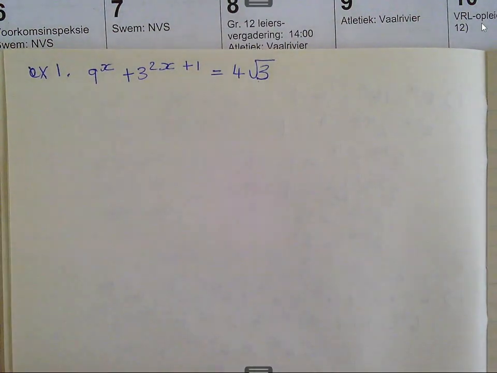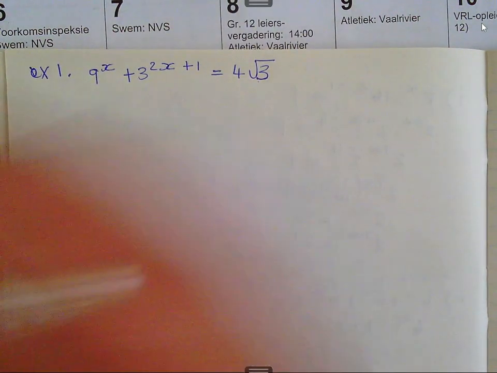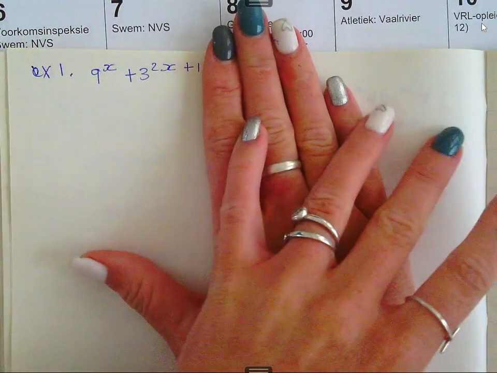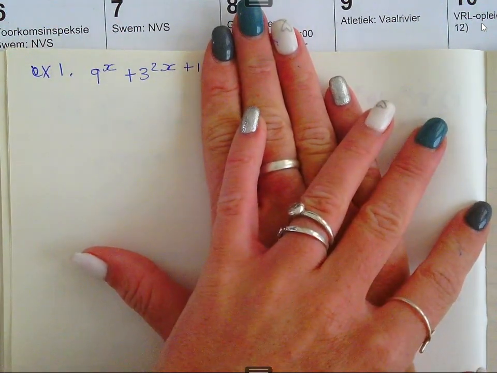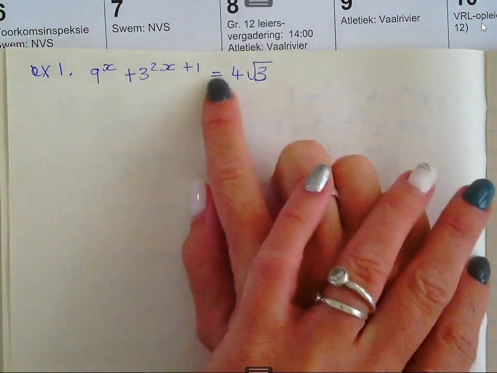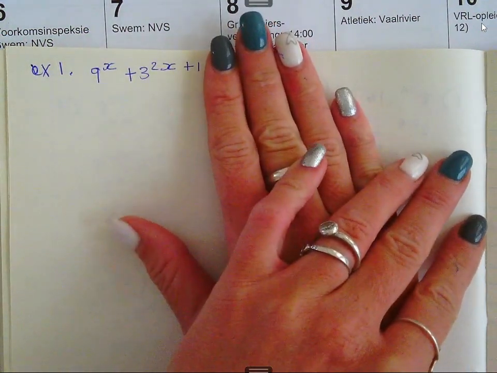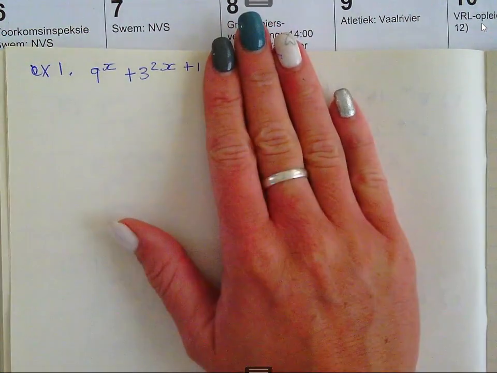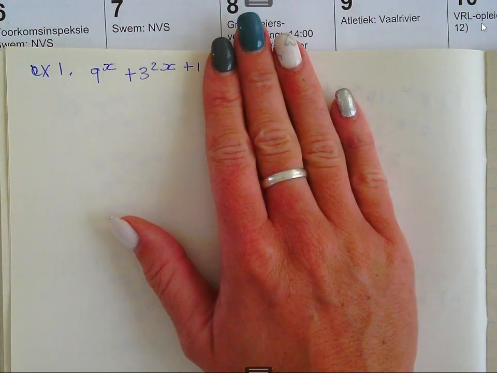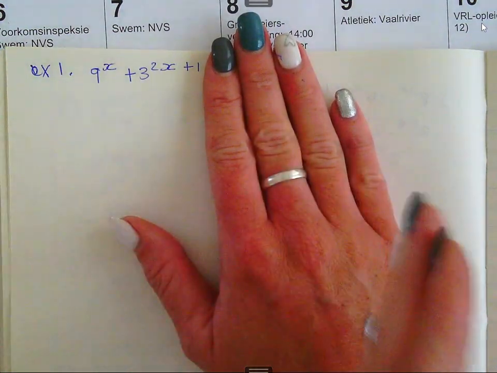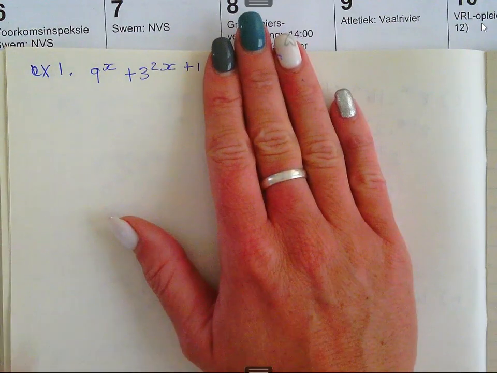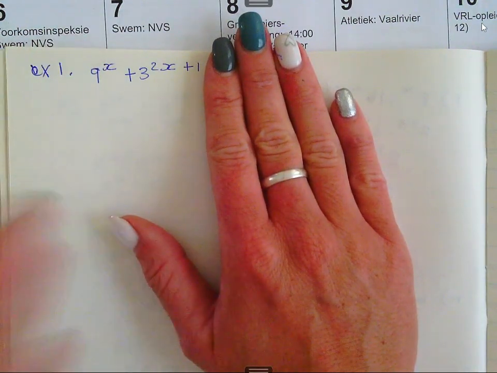A week or two ago, when we started with this, we would just have given you that part. Now it's equal to an answer, so we have to find the value of x. But as I said, we now have to use the skills we learned from expressions to be able to solve the equations. Now, if this was an expression, what would you do?